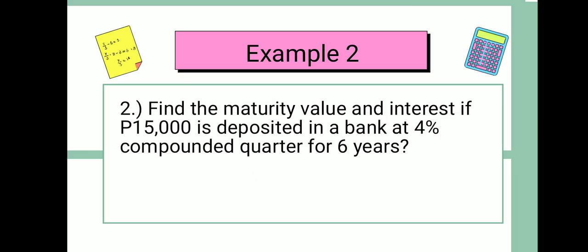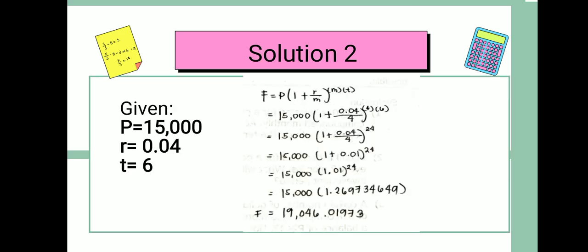Okay, now let's have example number 2. Find the maturity value and interest if 15,000 is deposited in the bank at 4% computed quarterly for 6 years. So we have the given of 15,000 as P, and then r is 0.04 or 4%, and the time is 6.